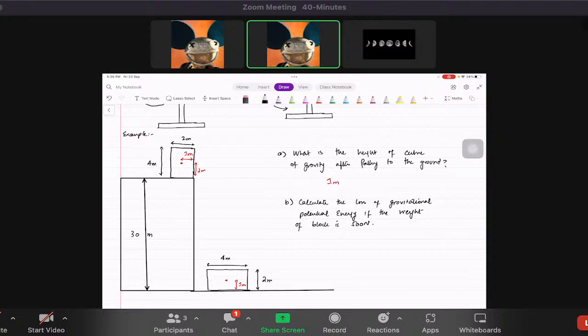Okay. Do you understand this? Can you find this? You know mgh is the formula, right?